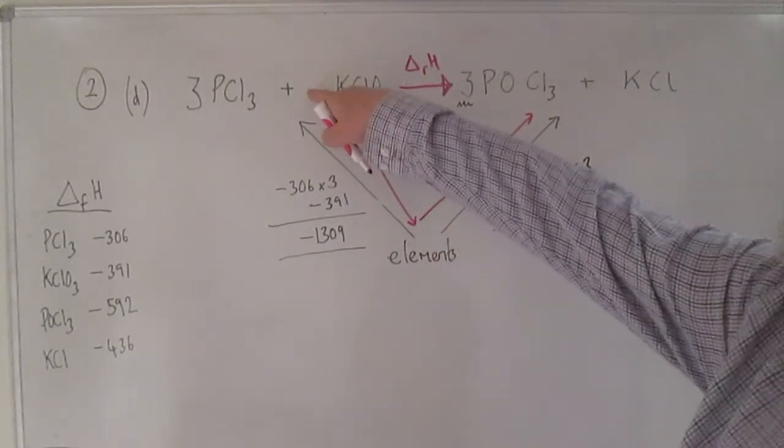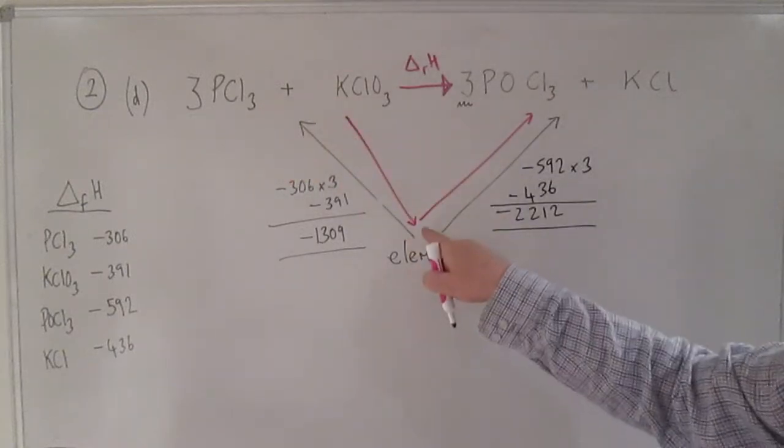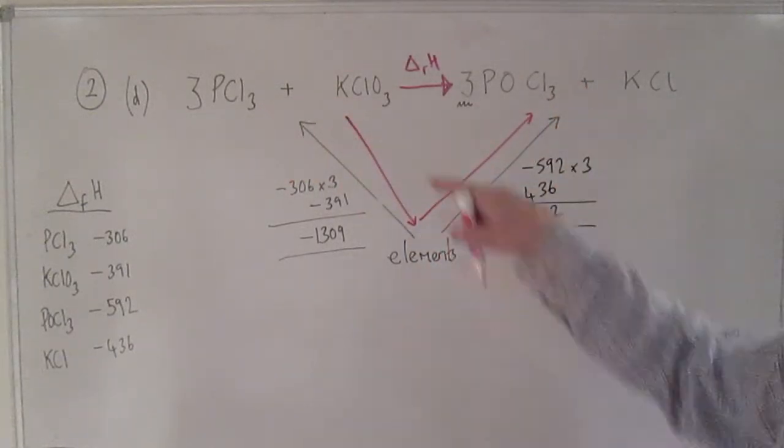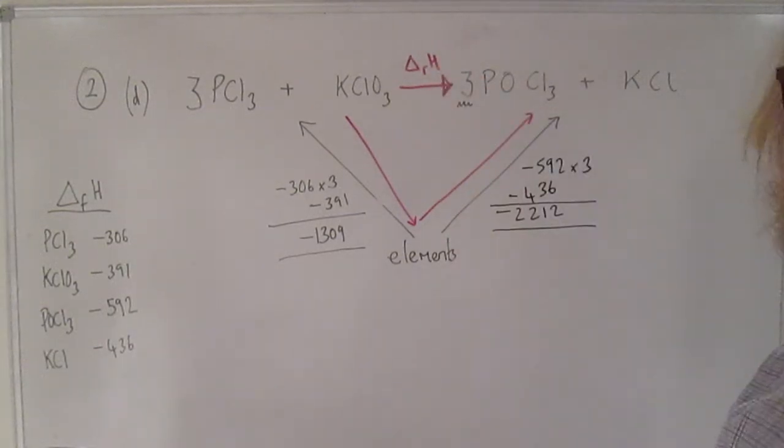Okay, so if you came down from here, converted these atoms back to the elements, and then converted the elements to those, if you add up delta H for those 2 steps, it comes to the same number as delta H. That's what Hess's law is.